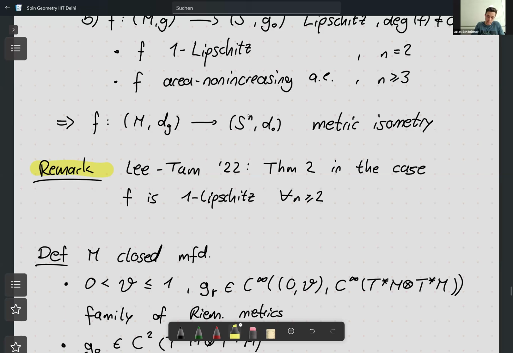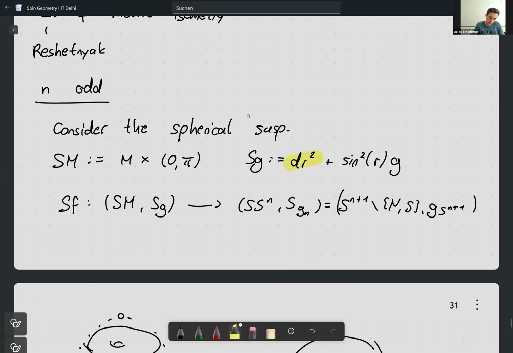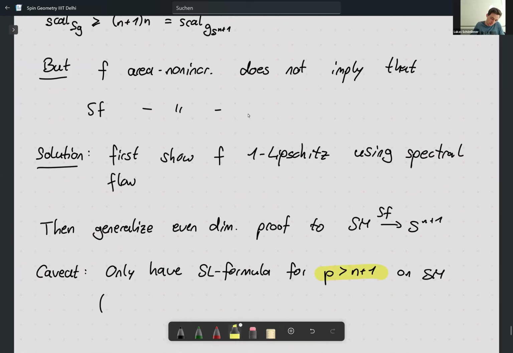And at the moment where we showed with spectral flow that F is 1-Lipschitz, we can just apply Lee and Tam to get the result.